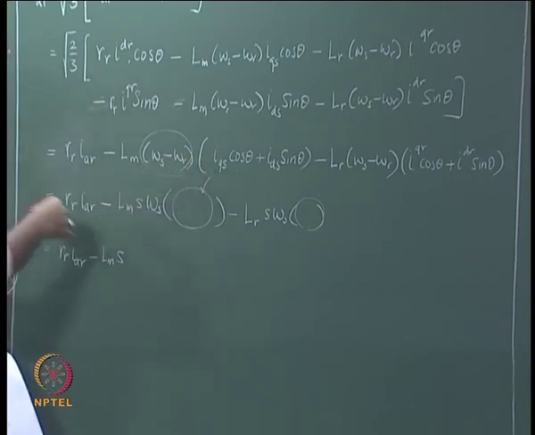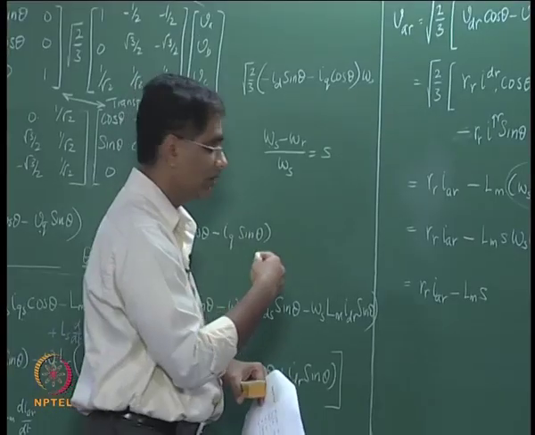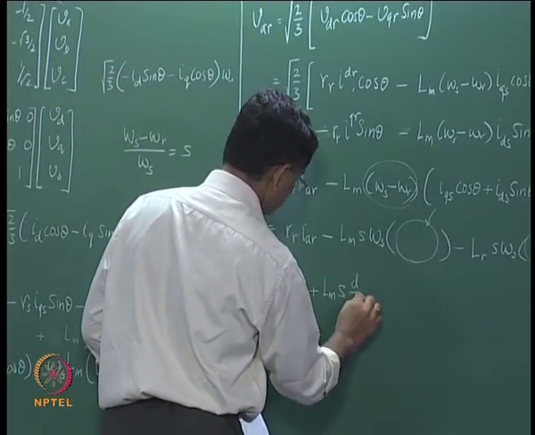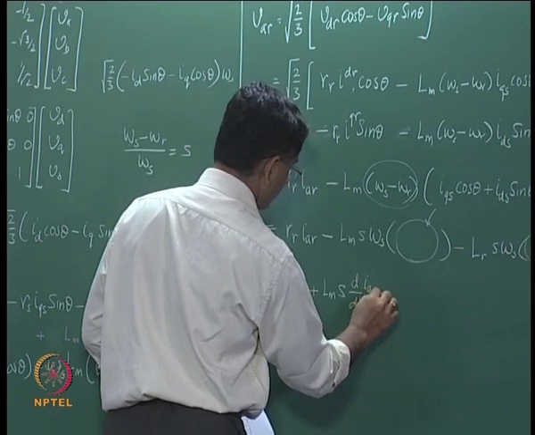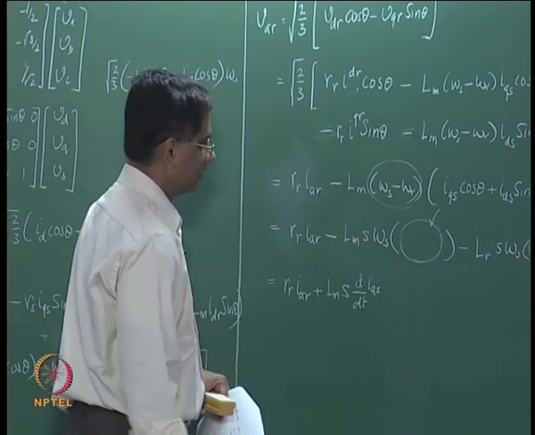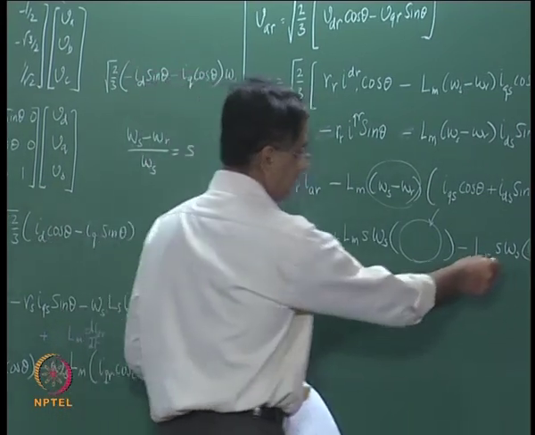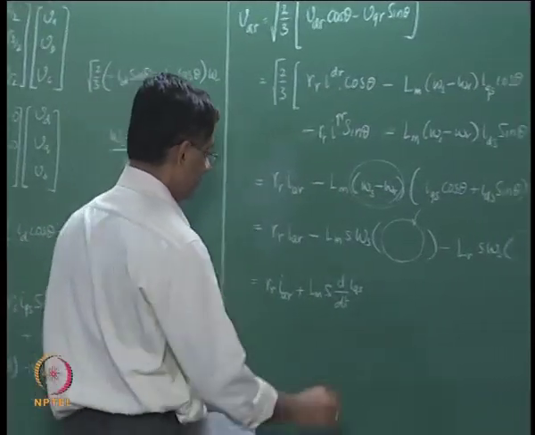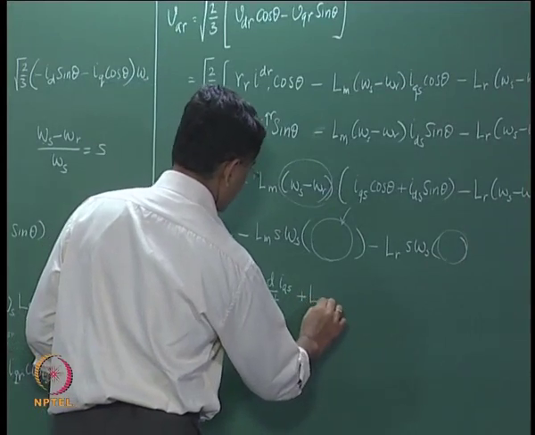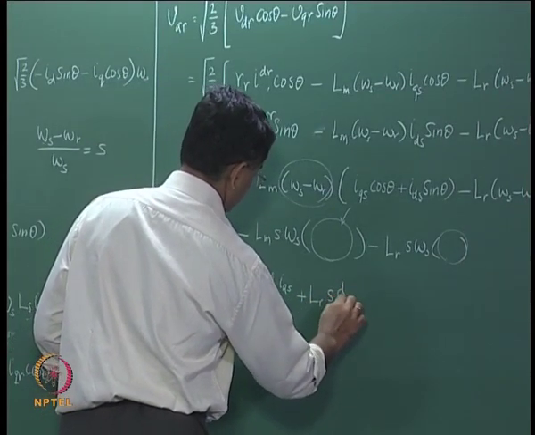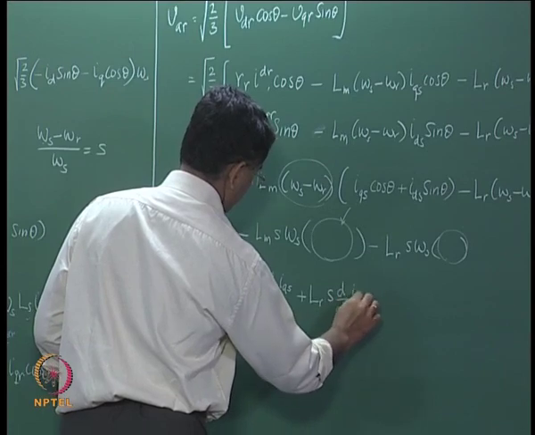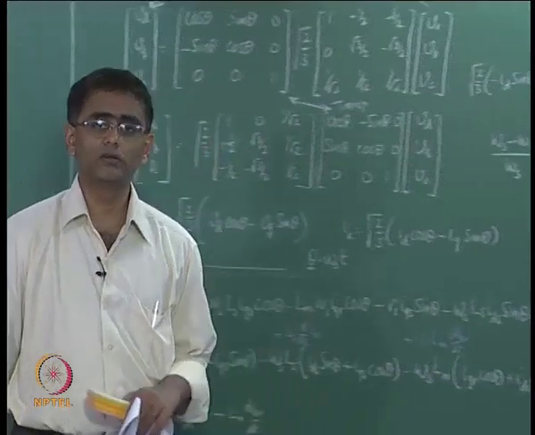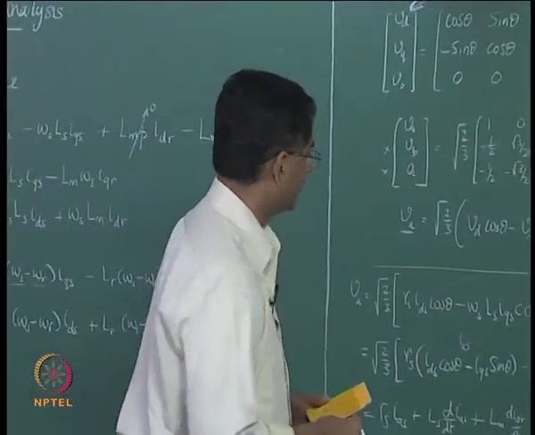Omega s comes as a result of differentiation that we have seen already, and therefore this is nothing but plus d by dt of IAS, and here what you get is the derivative of the rotor current, and therefore this is nothing but plus Lr into s into d by dt of IAR. So, these are the two expressions that we will end up with.